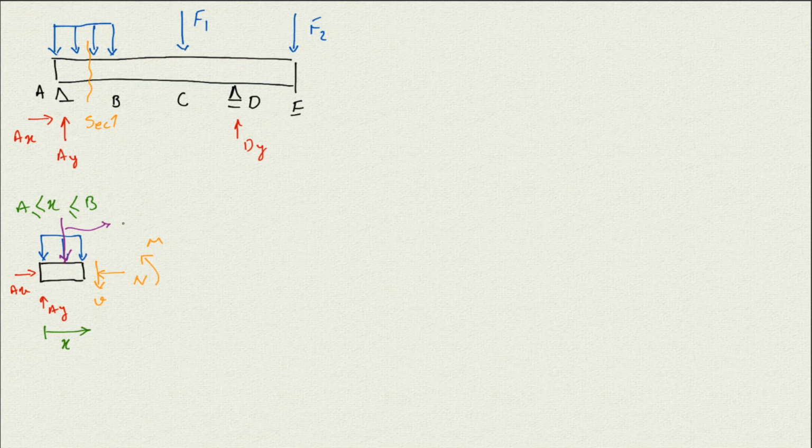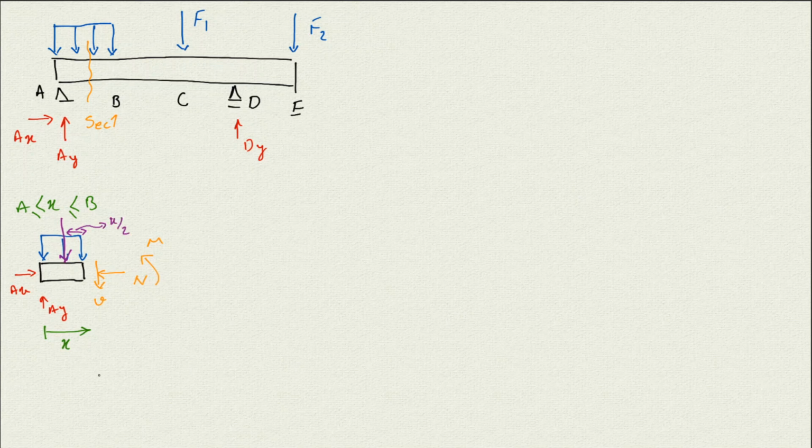So the intensity of the force, I'm not going to put a number, but for whatever the intensity of that force is, you can put it there. So that's the resultant force. And this distance here is going to be right at the center, so it is just x divided by 2.